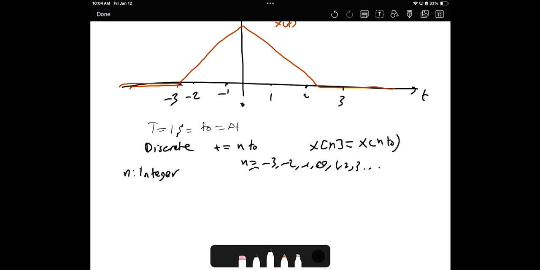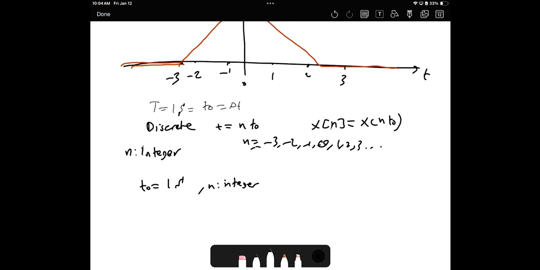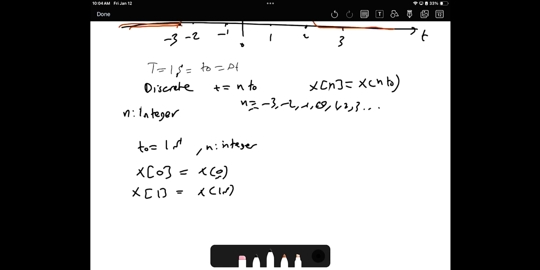Since t0 equals 1 second and n is an integer, the only options we have are, for example, x of 0 equals x of 0 times 1, which is x of 0 seconds. x of 1 equals x of 1 second, because 1 times 1 is 1 second.